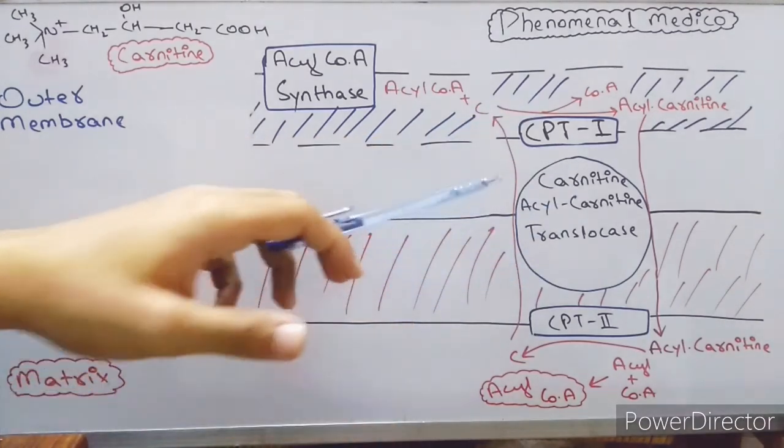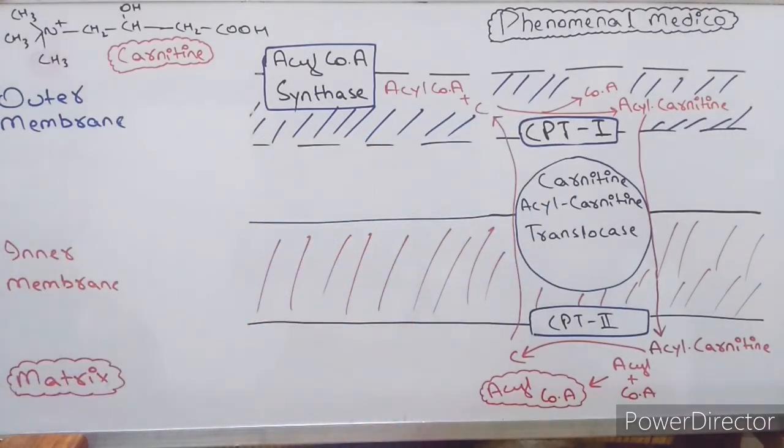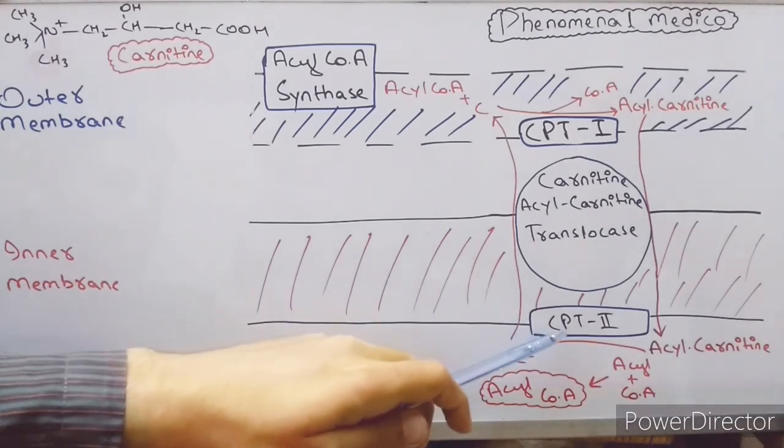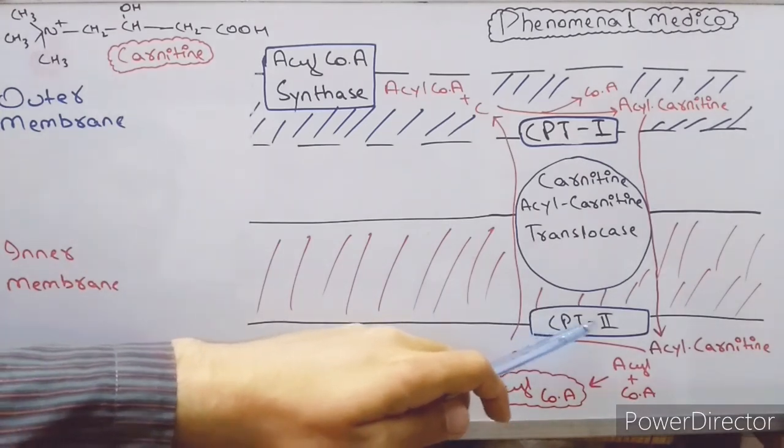So in this way it works. You can assume it as a counter transport mechanism. Well, there comes another enzyme embedded in the inner aspect of the inner membrane known as CPT2, the carnitine palmitoyl transferase 2 enzyme.